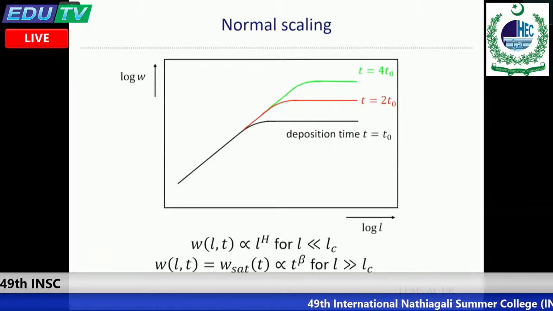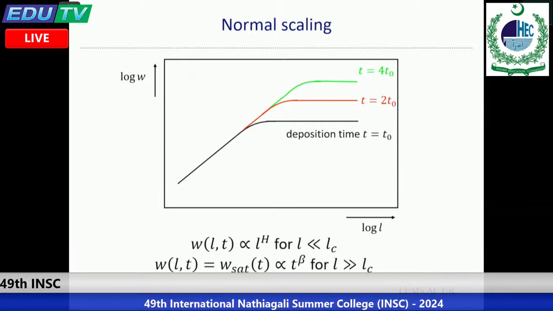Here is scaling data as a function of time. And basically, since this is a logarithmic plot and the time dependence is a power law, every time you double the deposition time, you shift the saturation roughness up by the same amount. And because this part remains the same, then automatically the knee has to move to the right.